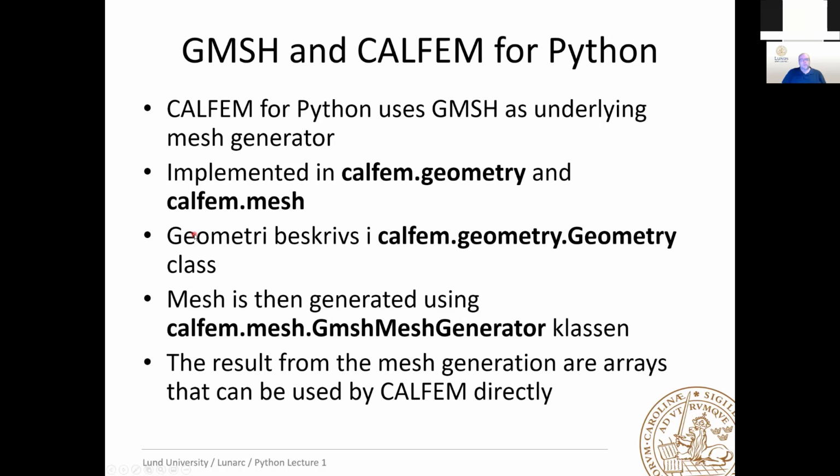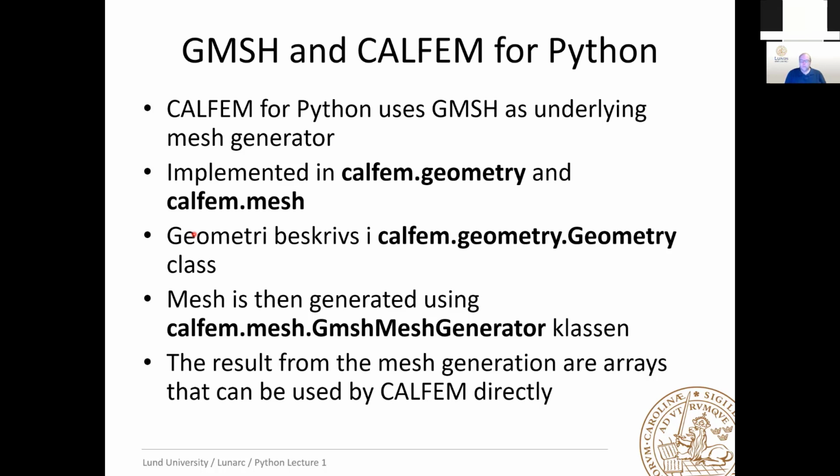But to make it easy to use mesh generation in Calfem, we have built-in routines to use Gmsh, the underlying software, for generating mesh automatically. So you don't have to know much about the input language for Gmsh.